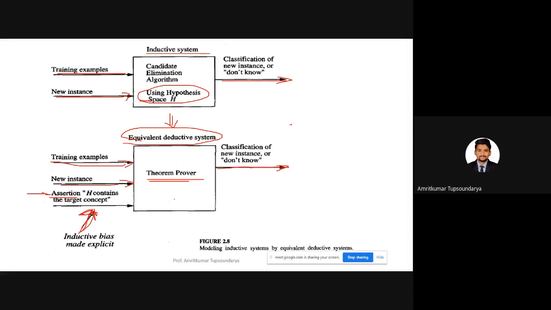So the advantage of having this inductive bias here was that it was able to give us more accurate classification than a regular candidate elimination algorithm. Right? So I hope you now get the point where this decision tree learning algorithm can fit in.